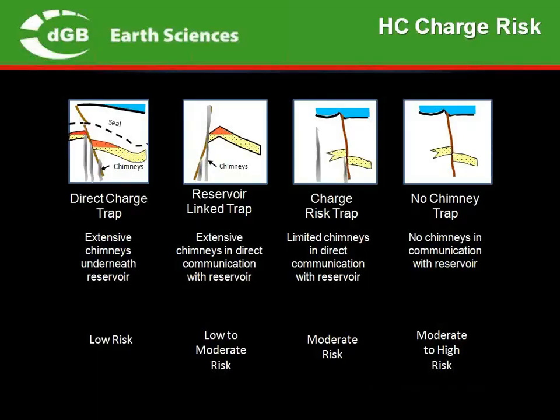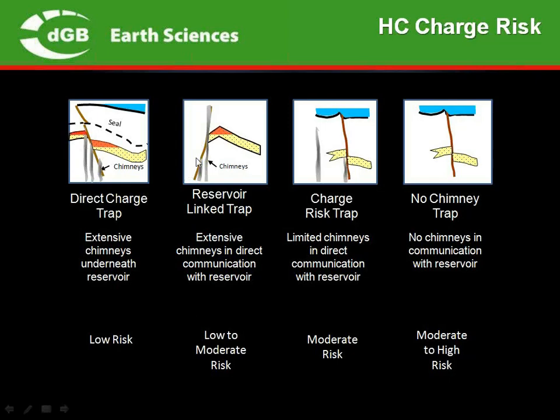Another thing that is very useful, as I've alluded to previously, is that we can use chimneys to risk hydrocarbon charge into a prospect. Very often in fields we see chimneys in the section immediately below the reservoir, directly charging the trap. This is very common in the Gulf of Mexico, and when we see this, we can assign a very low risk to hydrocarbon charge.